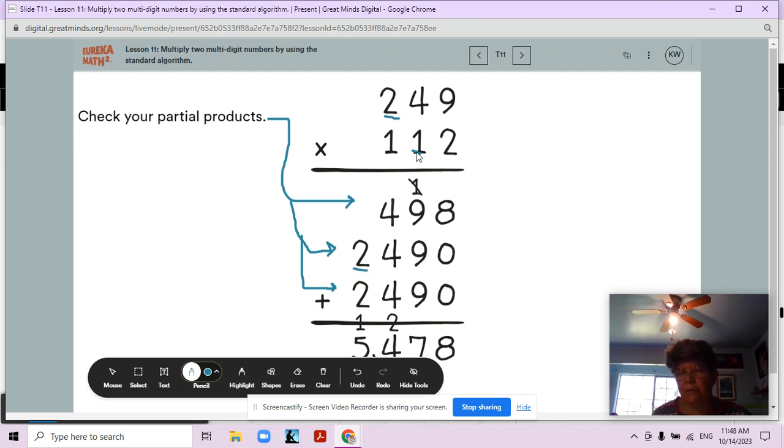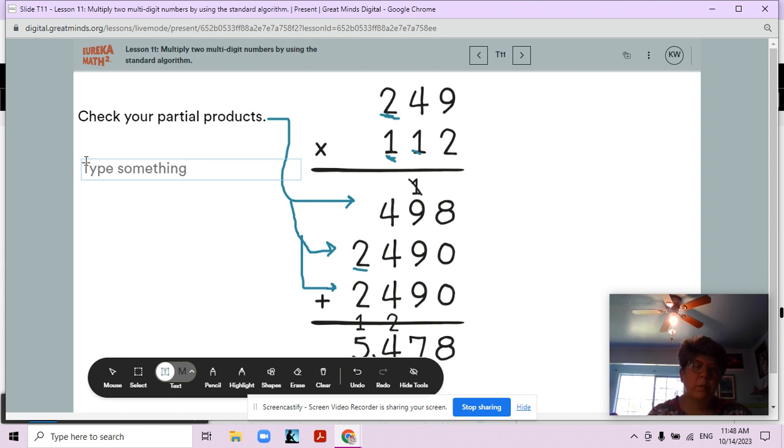If you just think it through for a second, 100 times 200, yeah? Then I'm going to have 4 zeros, so that would be 20,000, not 2,000. So you might be able to catch it right there if you check your partial products, okay? Maybe 1 or 2 minutes just to go through and double check those.